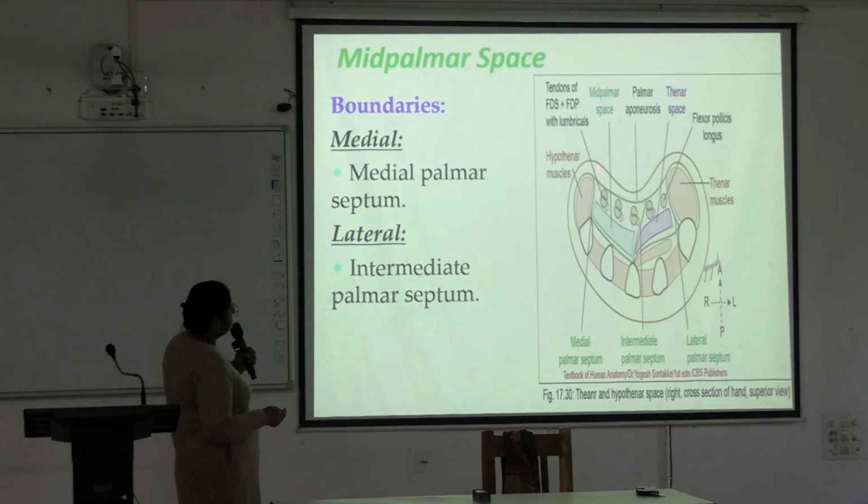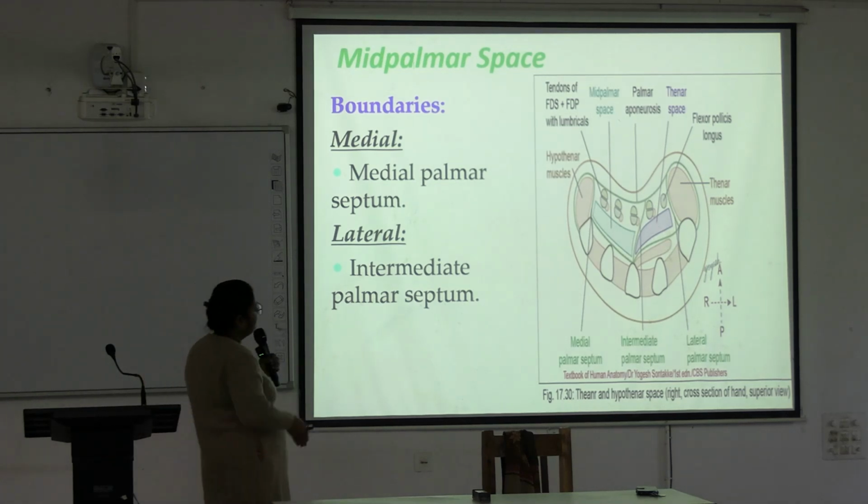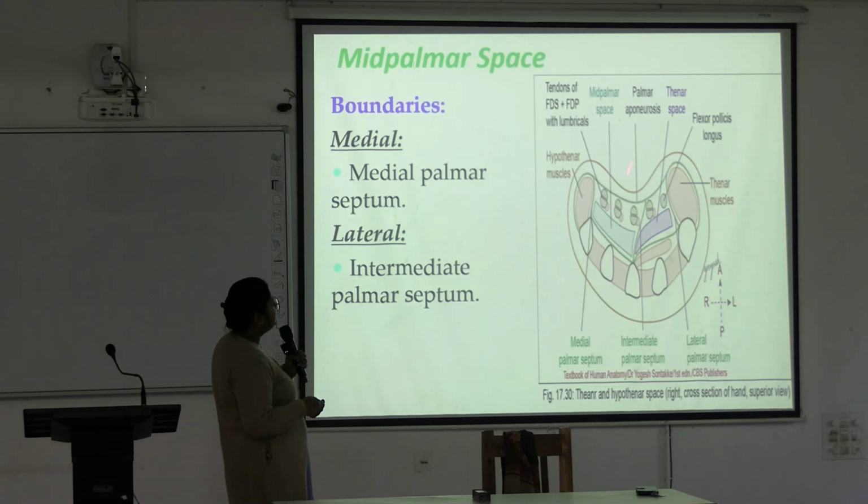Here, this one is the medial palmar septum. The lateral boundary is by the intermediate palmar septum. This one is the intermediate palmar septum, and here laterally will be the lateral palmar septum. So three palmar septa extend from the two sides and the middle of this palmar aponeurosis.